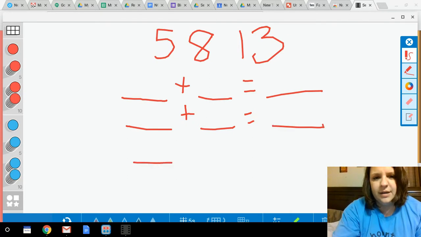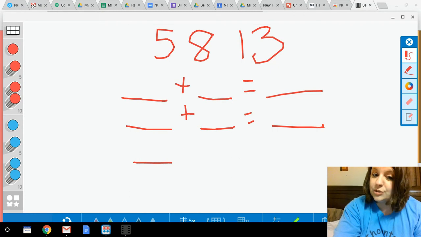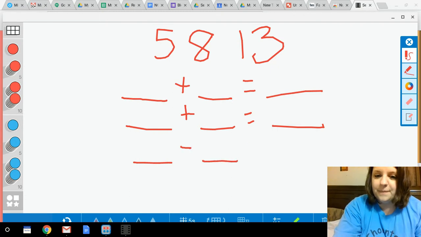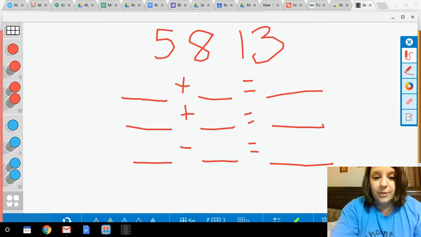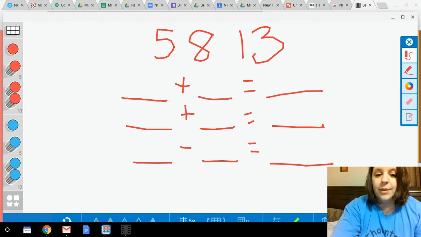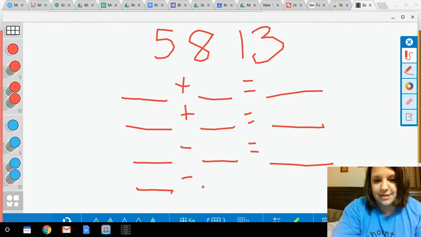Then what kind of sentence do we need to have next? Another addition? No. We need what? Subtraction. Subtraction action. Okay, now, are we done?